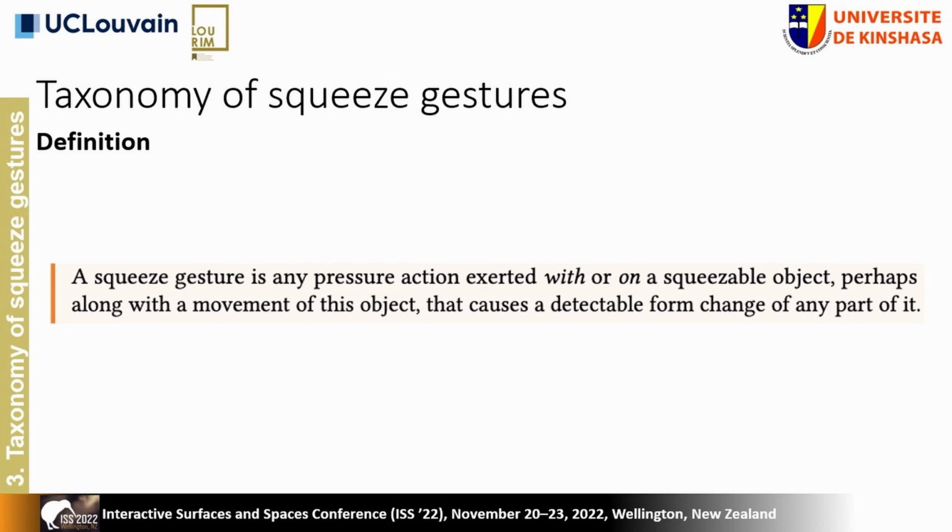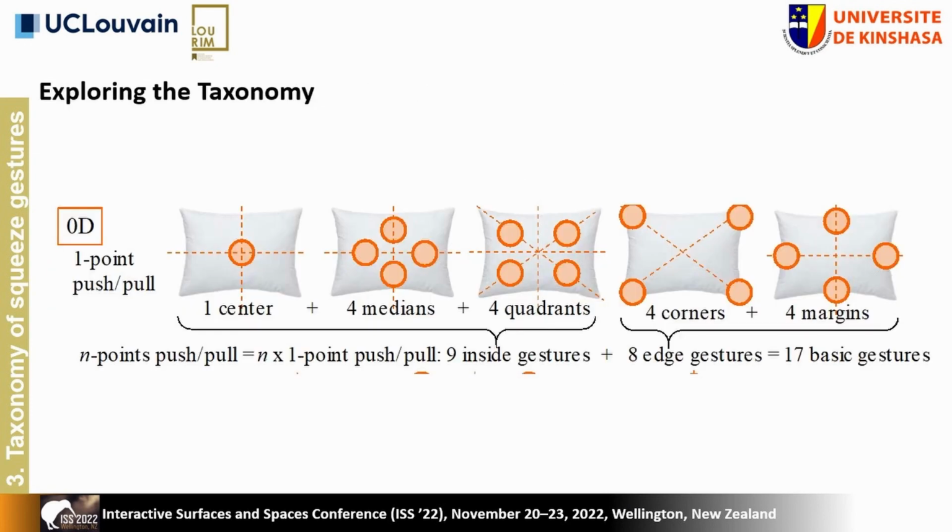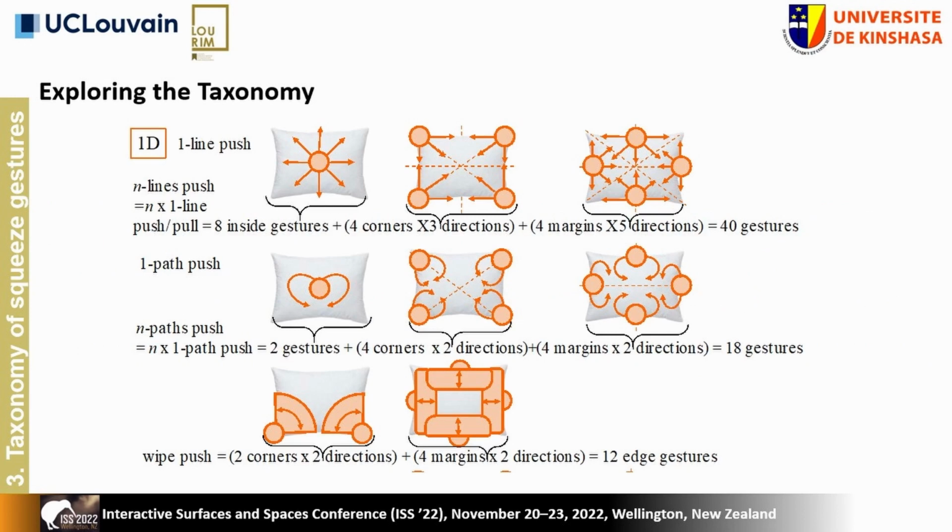As a first step, we define a taxonomy of squeeze gestures consisting of four main categories. The first category are 0D gestures, which apply pressure on one or several points of the object, for example, pushing at the center of the object. 1D gestures press one or multiple lines of the object.